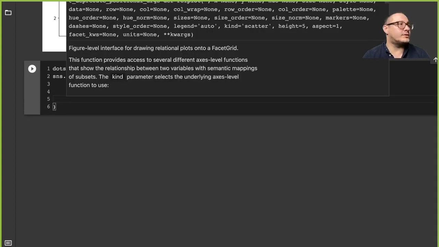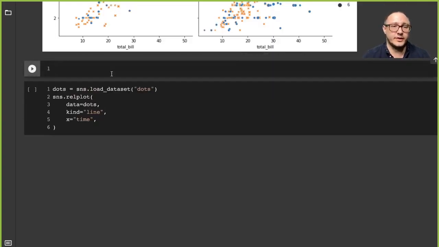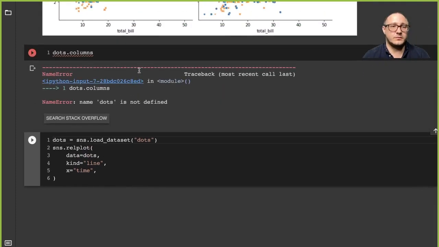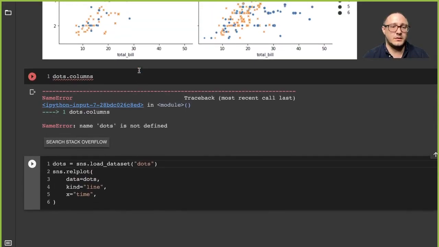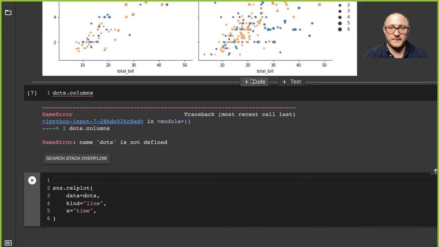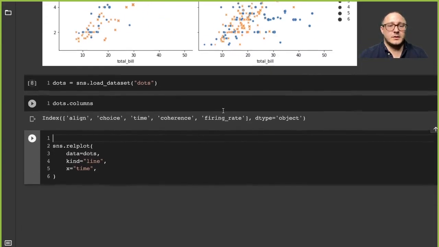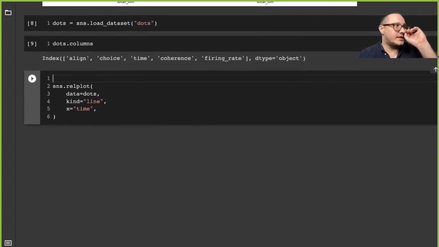And then we can do something like x is equal to time. You guys can't see what's on my other screen here, so let me do dots.columns so you can see. Oh, it's because I haven't loaded it yet. So then we can take a look at what's going on.